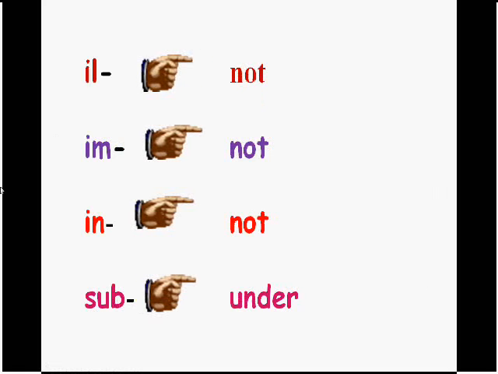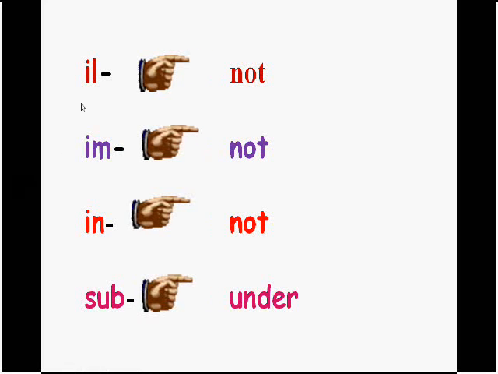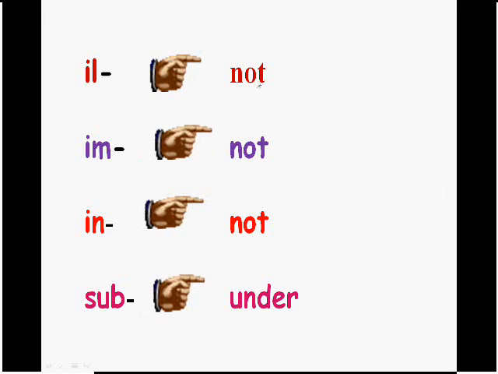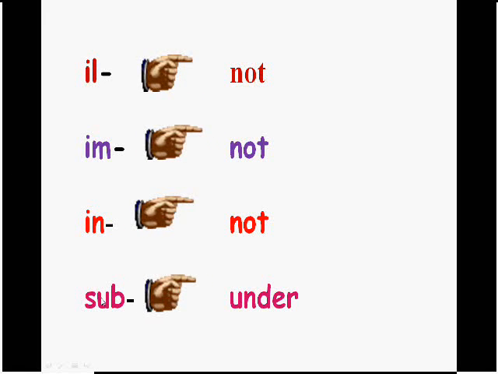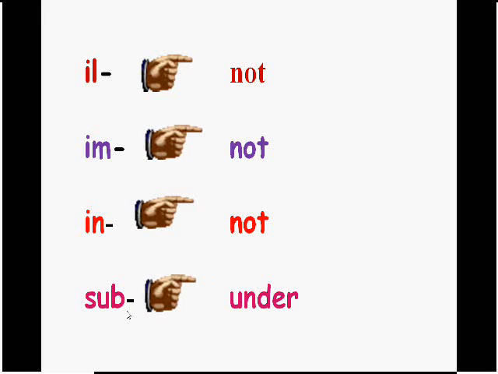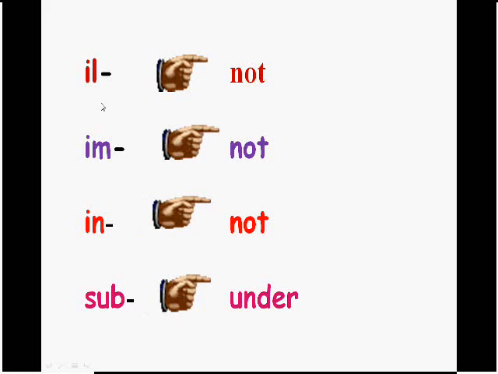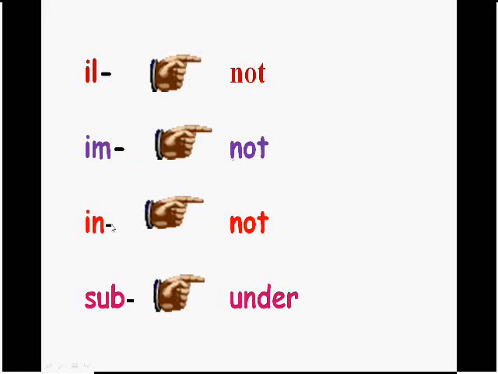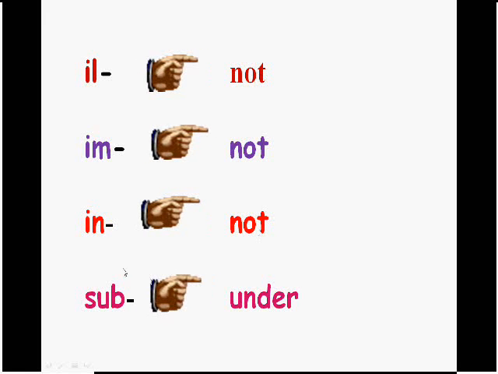Also, we have lots of other prefixes, and all of these we tackled in our first term lesson. We have il, we have im, we have in, and il, im, in, all of them mean not, okay? And the prefix sub means under, okay? Let's have examples.